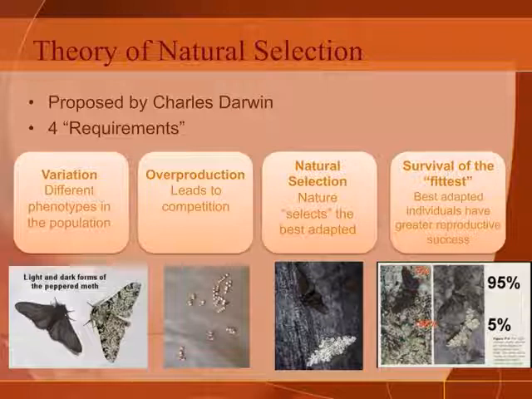This is an actual scenario that occurred around the turn of the 20th century in England when industrialization became very heavy. The light-colored bark of the trees in the forests around England was able to camouflage the lighter-colored moths before the Industrial Revolution took off.